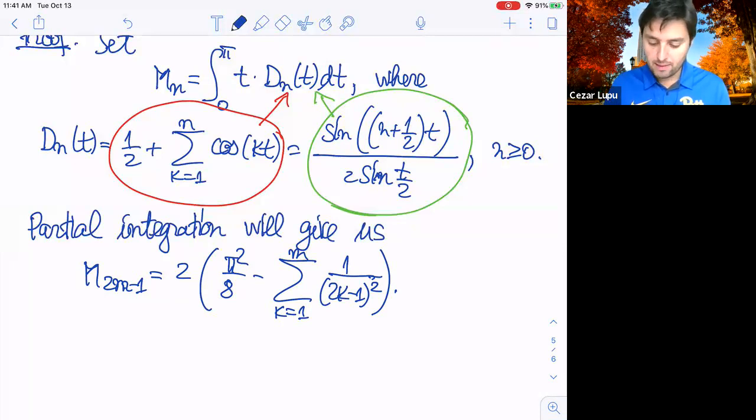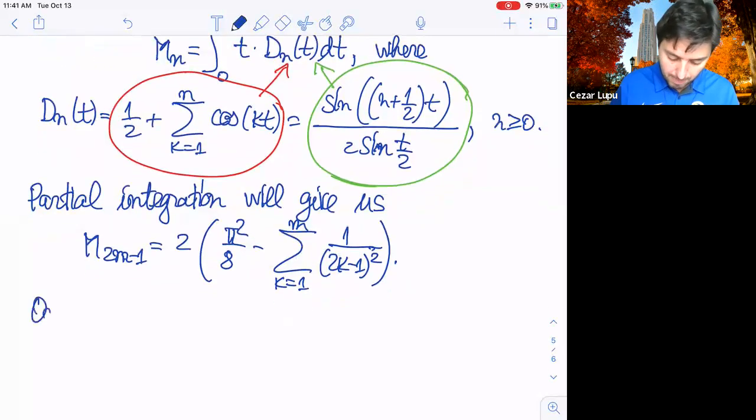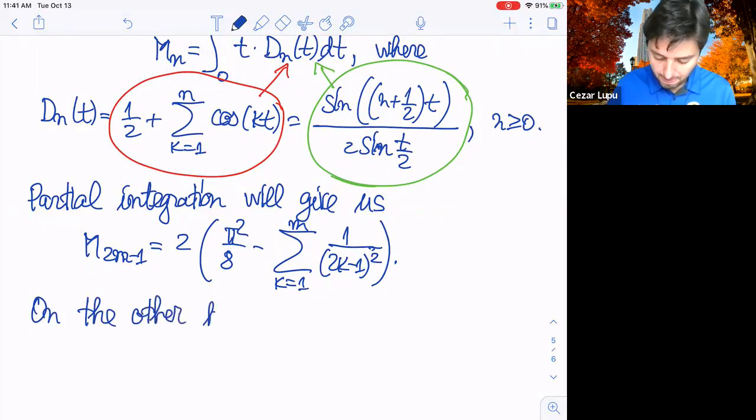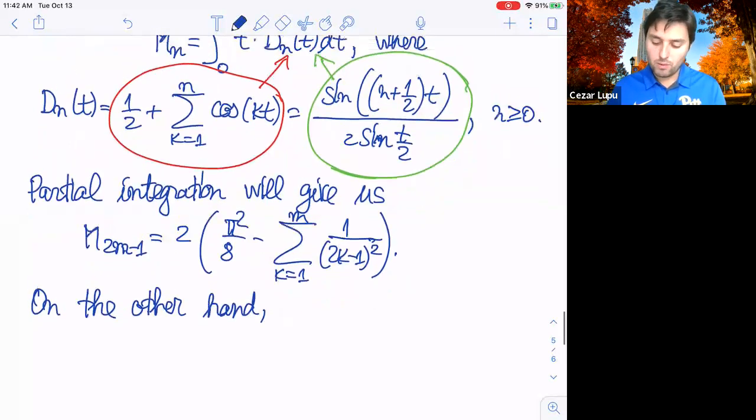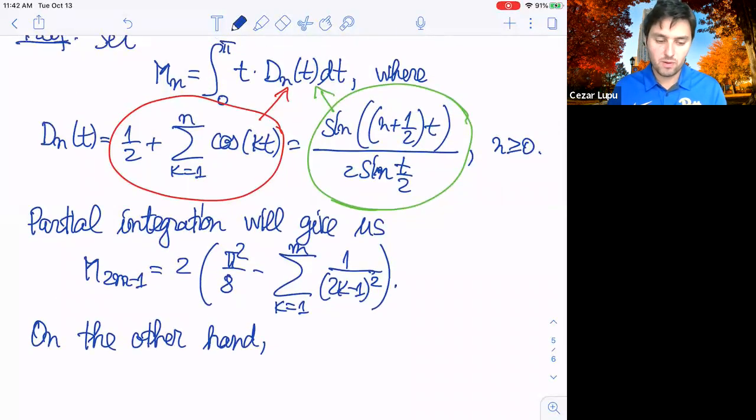But here I used this finite sum with the cosine. And now on the other hand, what do we have? We will use the second expression for the Dirichlet kernel.